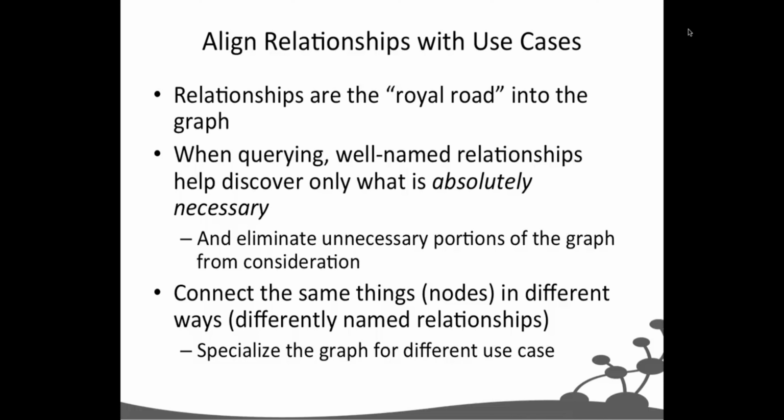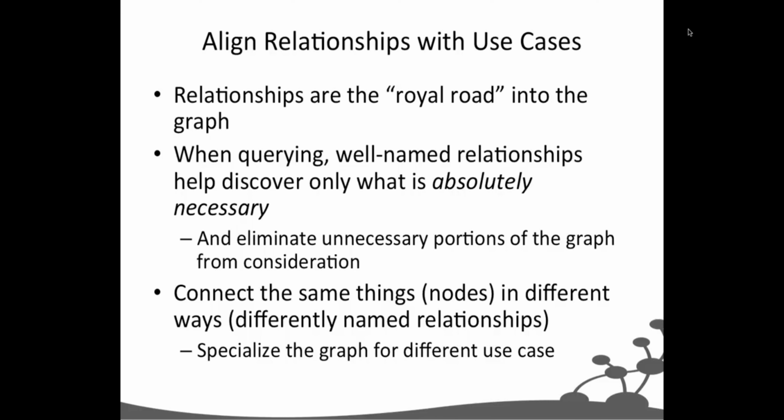The key here really is to use the relationships. You've got a graph data model, use it. The relationships are your royal road into the graph, the royal road that your queries can use in order to explore the graph and generate answers on behalf of your application.